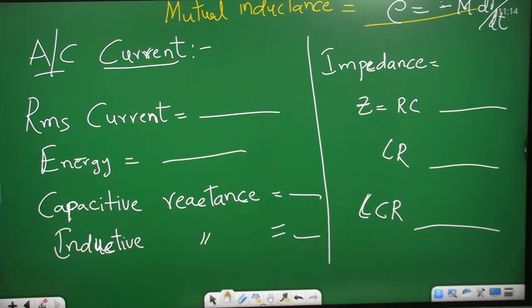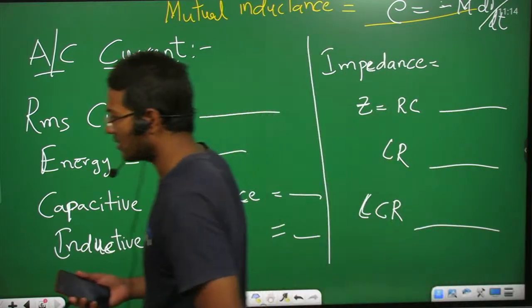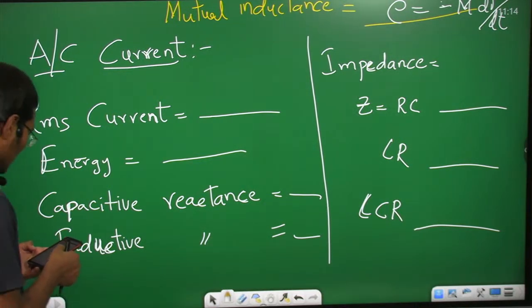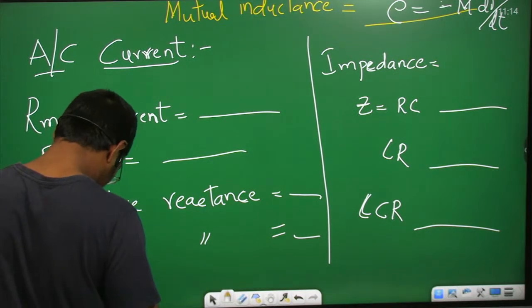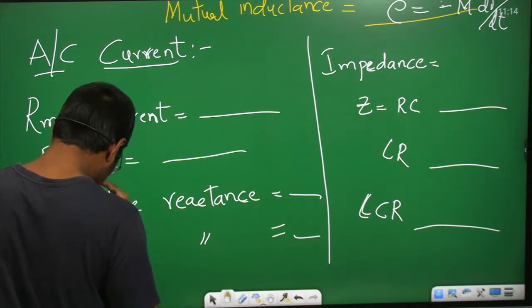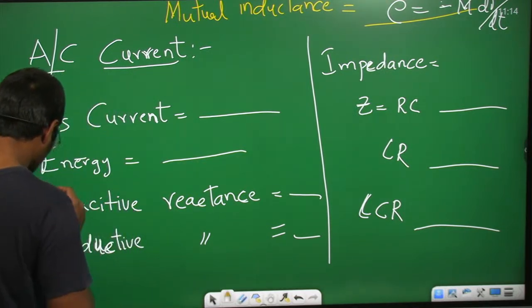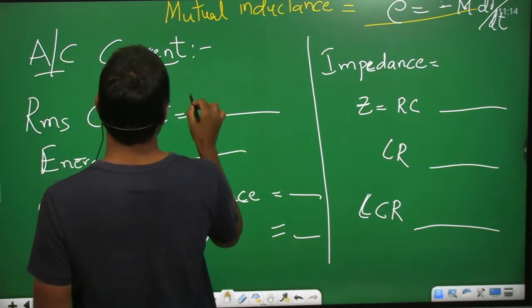So come on, I guess you have written. Okay, right. What is this RMS current? Here I am trying to write the basic fundamental form. It is I naught by root 2.